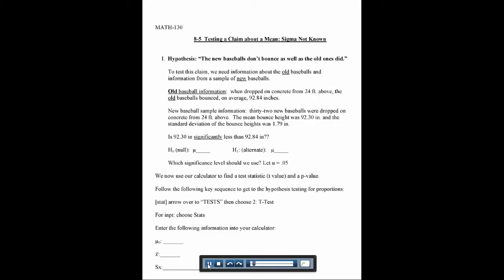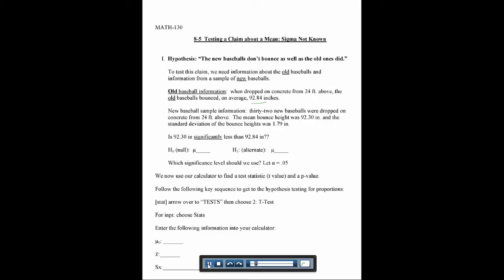Okay, so to test this claim, we need to know stuff about old baseballs and then do a sample of new baseballs. So the old baseball information says when dropped on concrete from 24 feet above, the old baseballs bounced on average 92.84 inches. Now, the 24 feet above, that's just telling you how they did it, but it's not actually important for the problem.